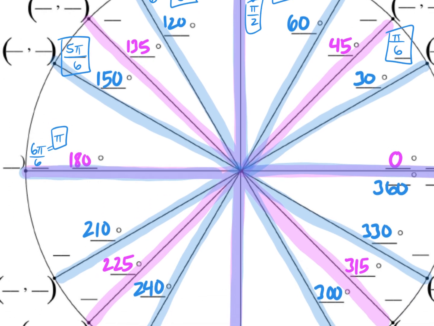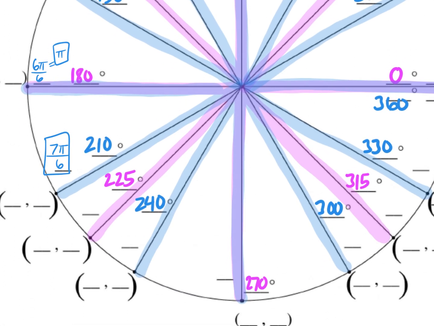Okay, entering quadrant 3 here. Add pi over 6 again. I end up at 7 pi over 6. Add pi over 6 again. 8 pi over 6, which is the same thing as 4 pi divided by 3. Add pi over 6 again.